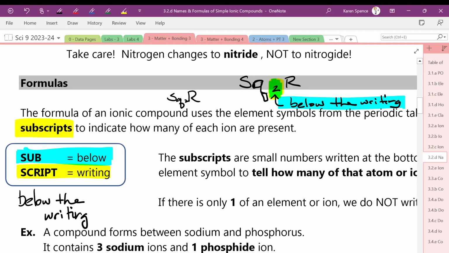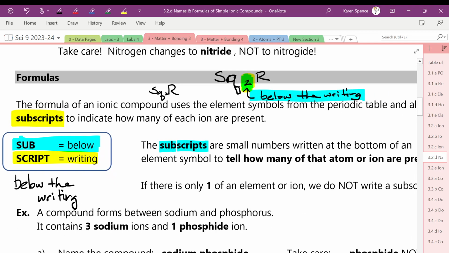Because it's below the writing, we call it a subscript. The subscripts are usually little tiny numbers, and they tell you how many of an atom or an ion are present.